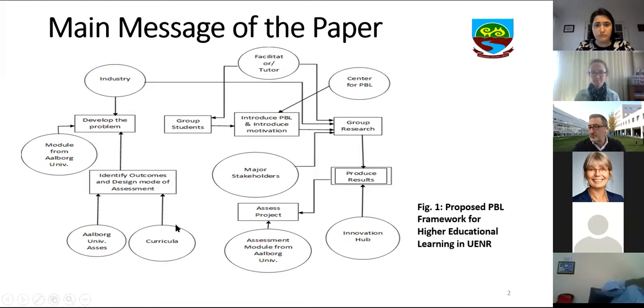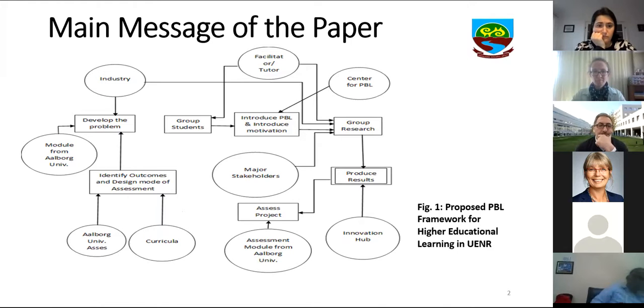So with our proposal, we looked at, first of all, identifying the learning outcomes and design the mode of assessment. And we said we are taking feed from Aalborg University's assessment model, and then we are taking the learning outcomes basically from our curriculum.